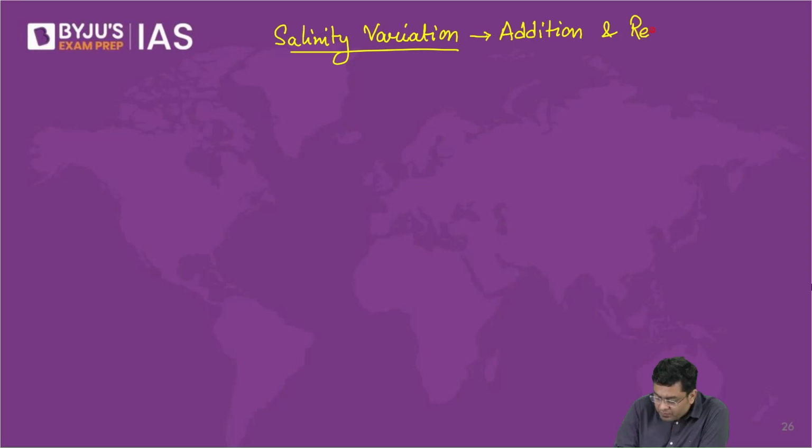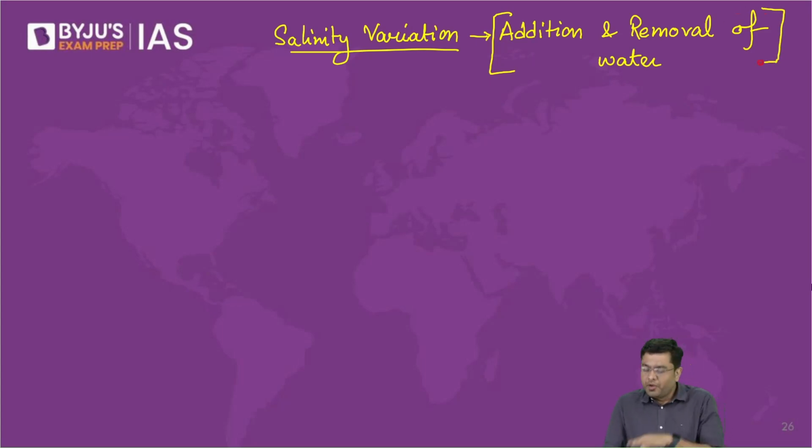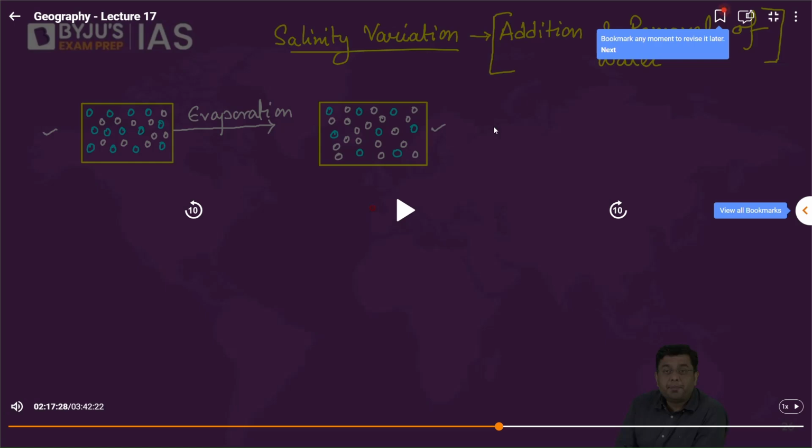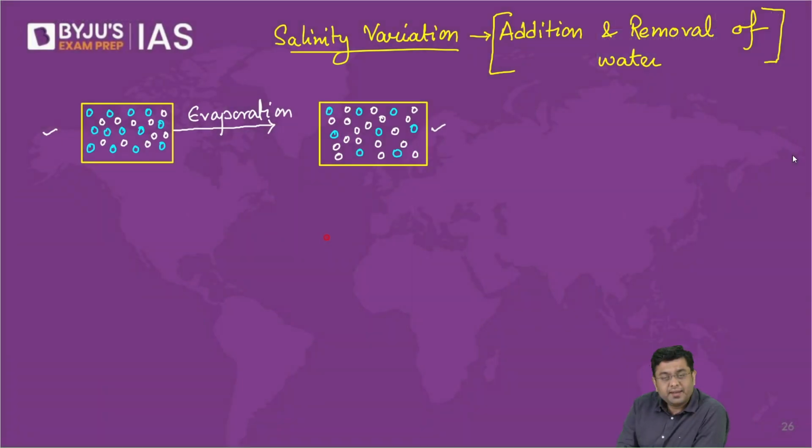Okay. So, here, when we talk about the salinity variation, that is addition and removal of water. Proportion of salt is higher. What do you think? In the second case, right?